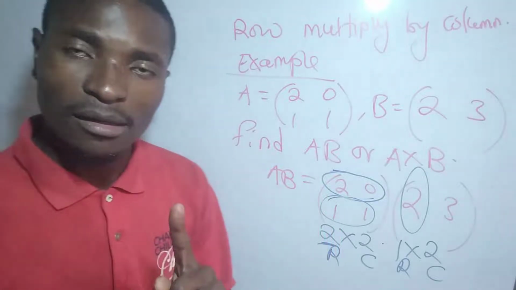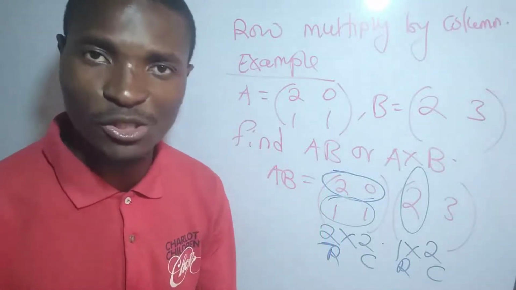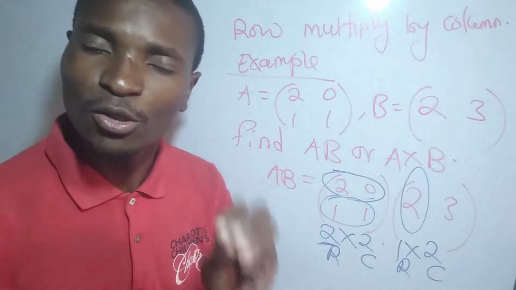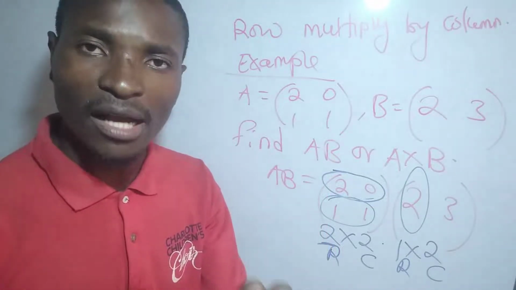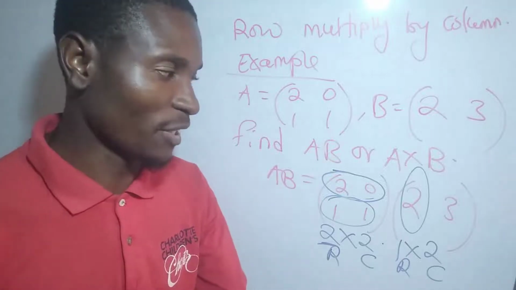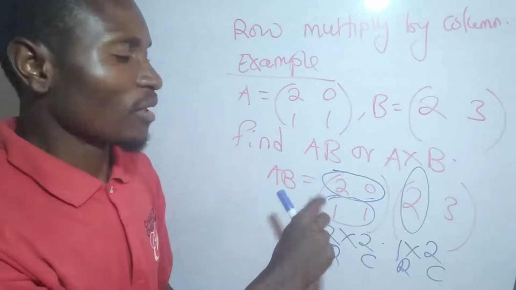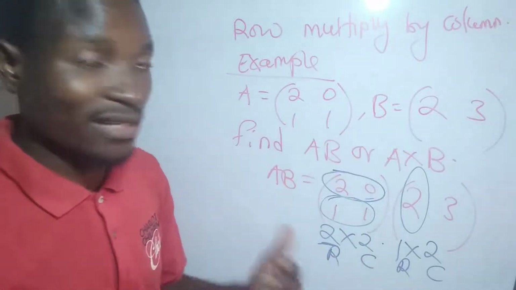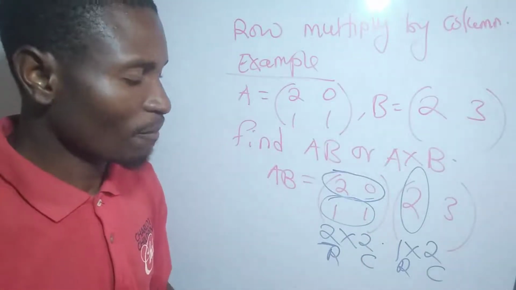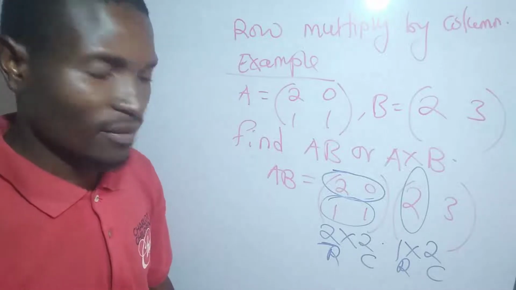So before you multiply two matrices, ensure that you determine the orders of each matrix, meaning the number of rows and the number of columns. That is how you identify the orders.